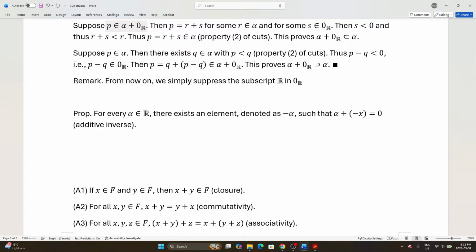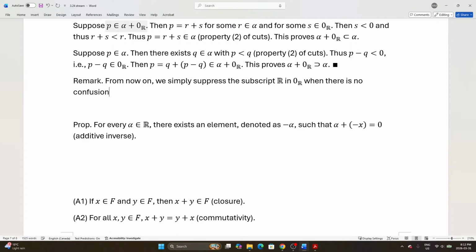So if the meaning of 0 is clear from context, we can just write 0. That is exactly what we did here, because alpha plus minus alpha refers to the addition between two cuts, so you should get a cut. It's not a rational 0.